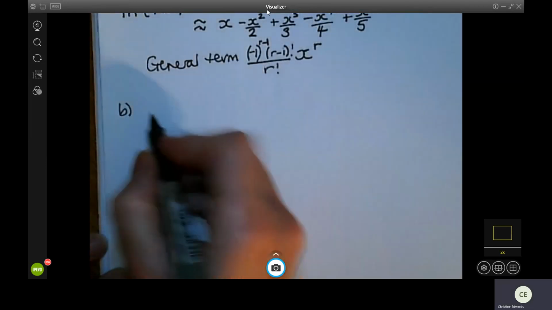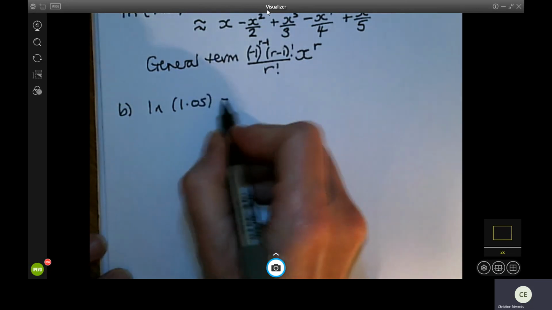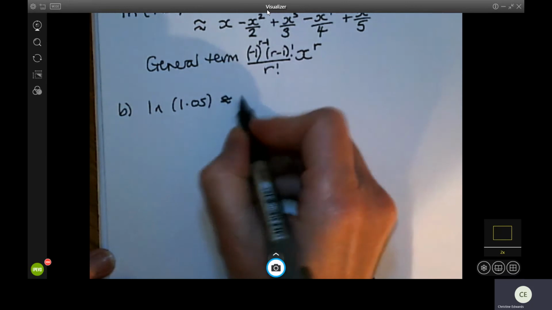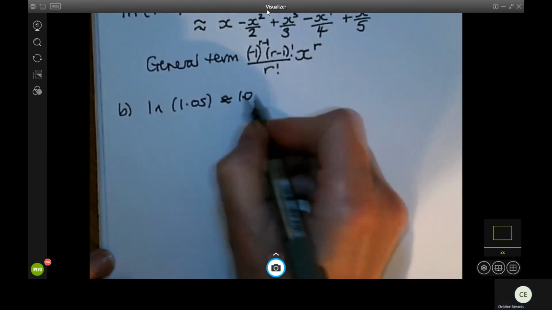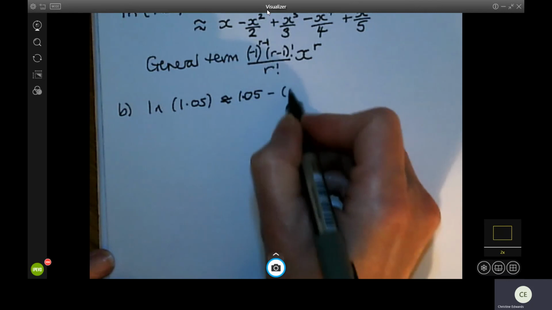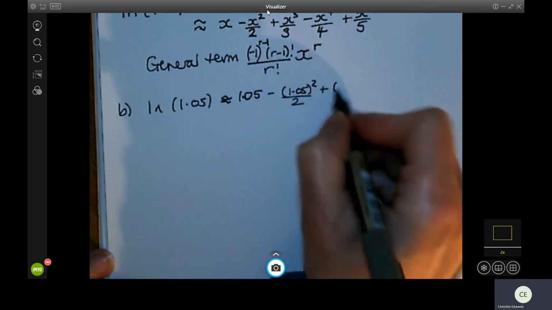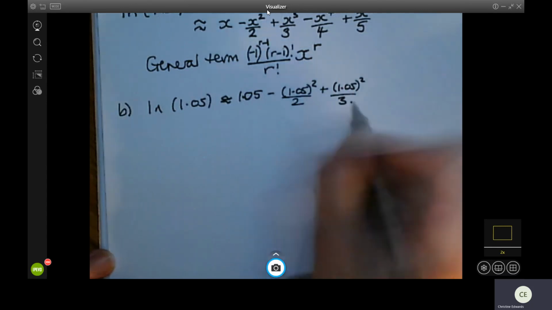Part B then. So we've got the log of 1.05. I sub in the first 3 terms. That's going to be 1.05 minus 1.05 squared over 2 plus 1.05 cubed over 3.